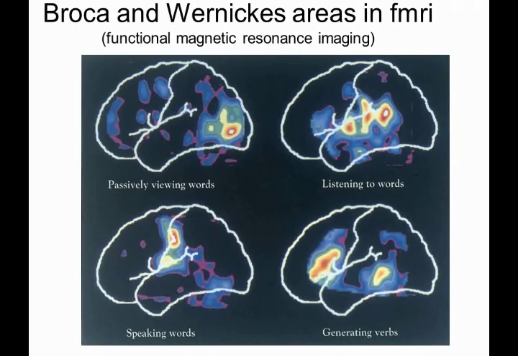The magnetic field resonates with your hydrogen atoms, and you measure the time that they take to get back into their magnetic spin. That's why it needs high magnetic fields. And what you do with that is measure the concentration of certain substances in the brain, like glucose. That gives you an idea which areas of the brain are active when you're doing the task.